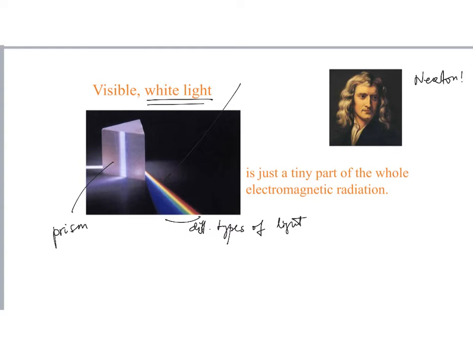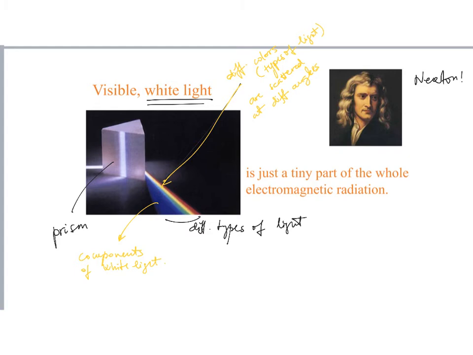So different colors, which are different types of light, are scattered at different angles. So basically the prism decomposes the white light into its components. So these are all components of white light.